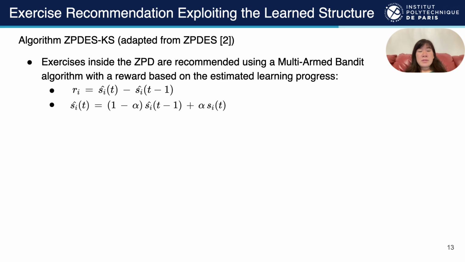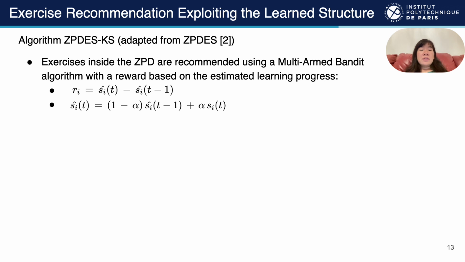So we suppose that the reward for the multi-armed bandit is going to be equal to the estimated success rate at time t minus the estimated success rate at time t minus 1. So the progress is the difference between the two success rates, and this constitutes the reward.